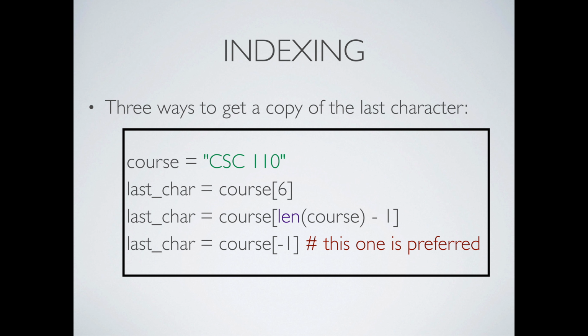So the reason why this last one is preferred is because this will work with whatever string you're dealing with, right? Regardless of the length, how long it is, anything like that. And it's shorter than having to say, length of the string -1. Instead, you can just say, oh, -1. Or let's say you wanted to access that second one there. You could do course square bracket -2, and so on. So that's sort of a quicker way to get a copy of the last character of a string.